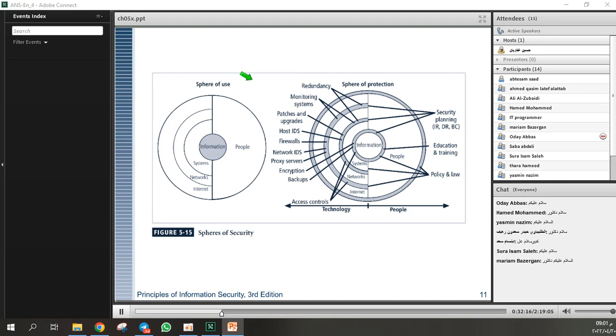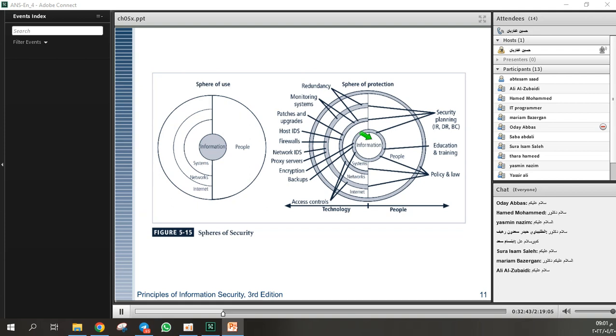I like these charts here. You can find some spheres of security. They are very interesting. Look at this one here, the circle on the right and on the left. In both of them, you can see that in the center we have information or topics.